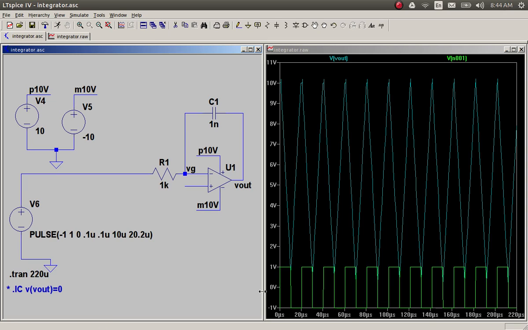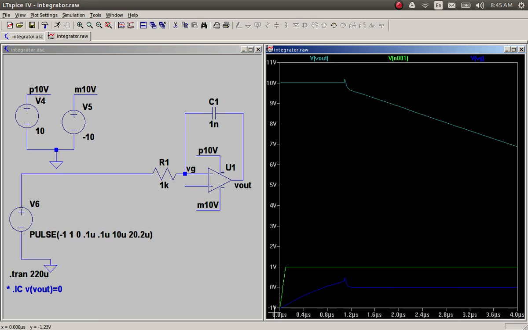Why does this happen? Okay, let's see. Initial voltage is -1 when I release the whole simulation. I didn't say that this has to be some specific voltage. So when this is -1 volt, this node is also at -1 volt because the capacitor is open.